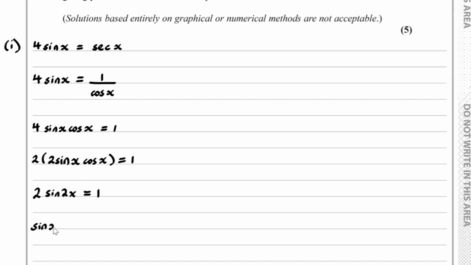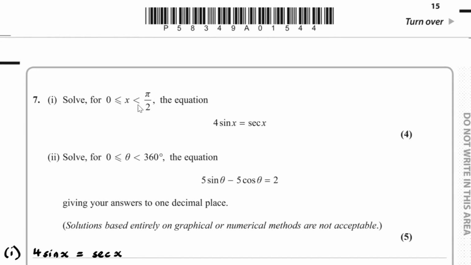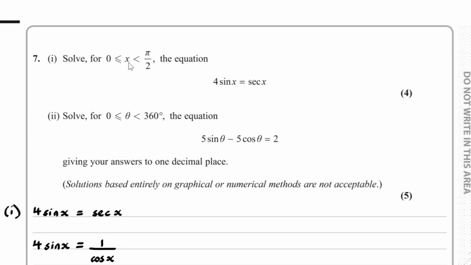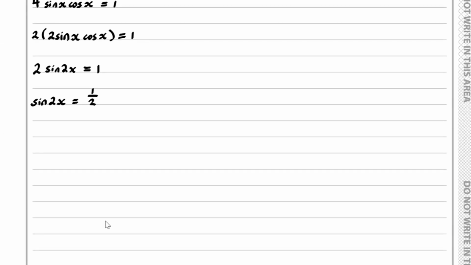And so sin 2x is equal to 1/2. Now, our normal domain is from 0 to pi over 2. We don't have an x, instead we've got a 2x. So our next step would be to change the domain. And if I change the domain, I have 2x from 0 to pi.